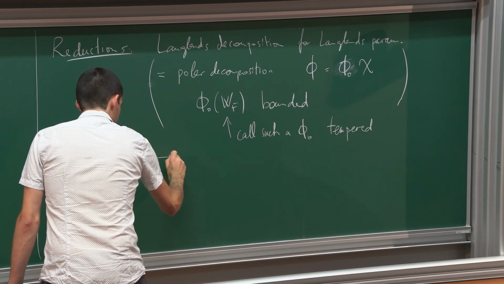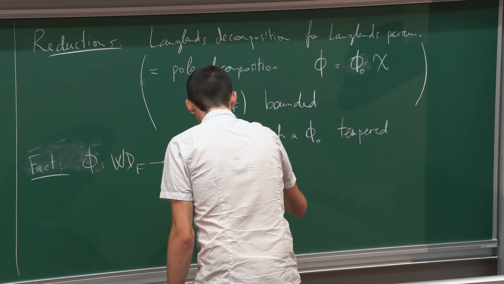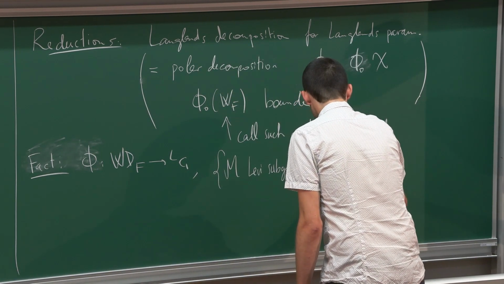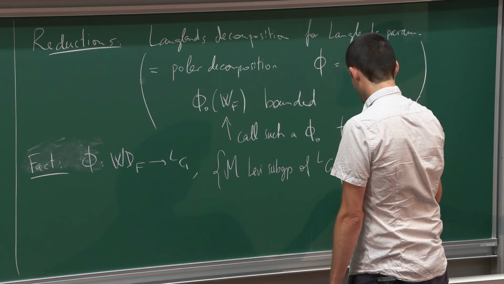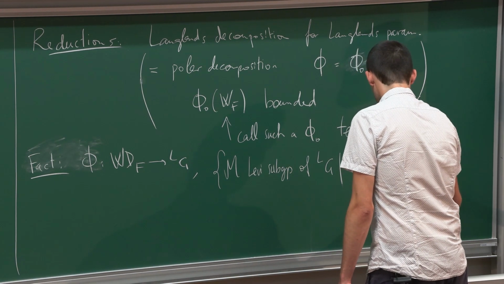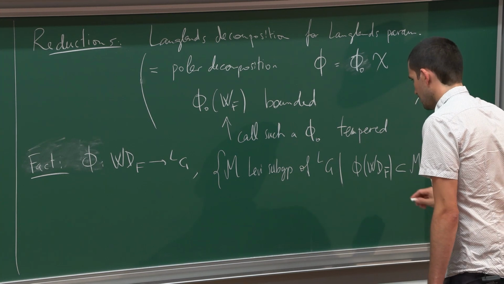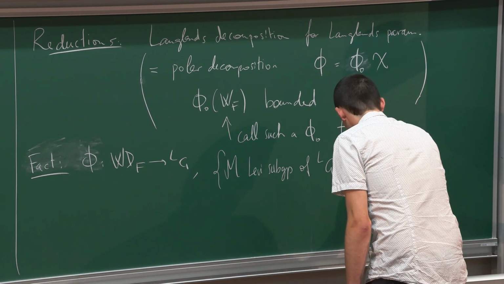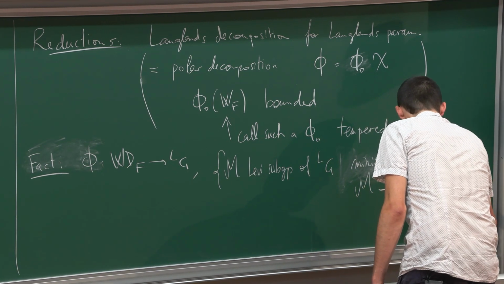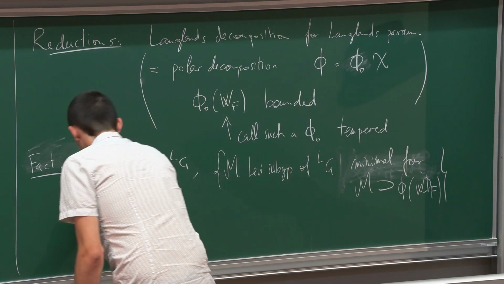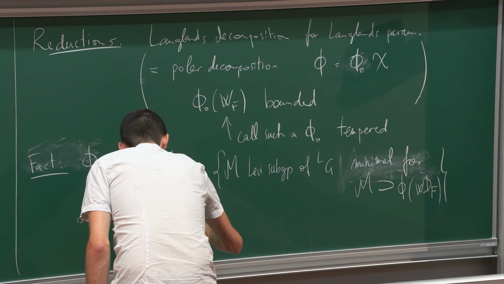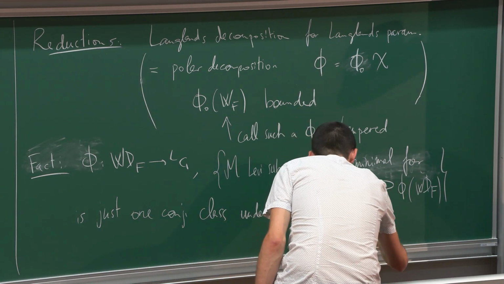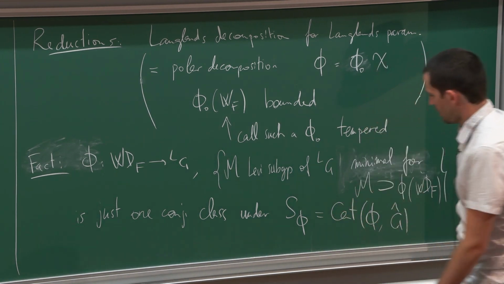If you have a Langlands parameter, then the set of Levi subgroups of LG such that phi factors through, which are minimal for the property that they contain the image of phi, is just one conjugacy class under the centralizer in G hat of phi, that I will denote by S phi.